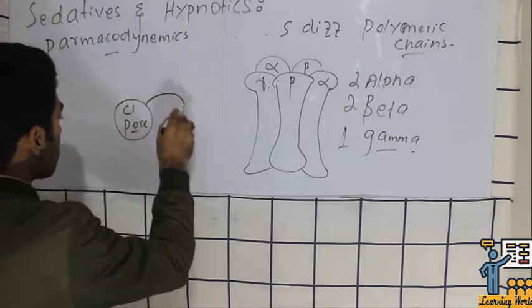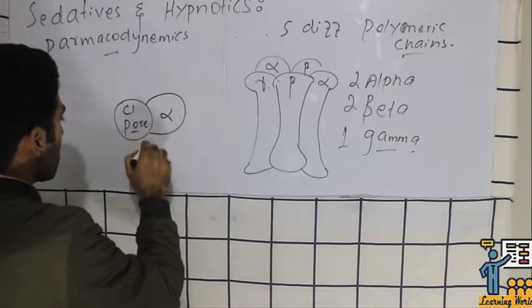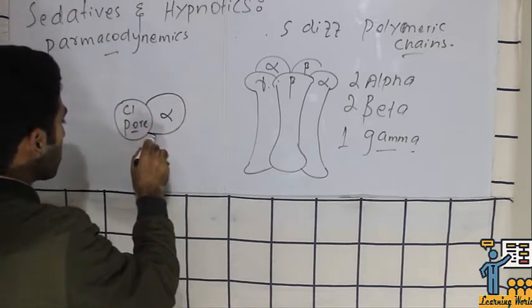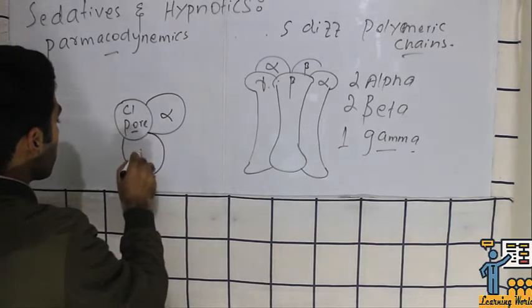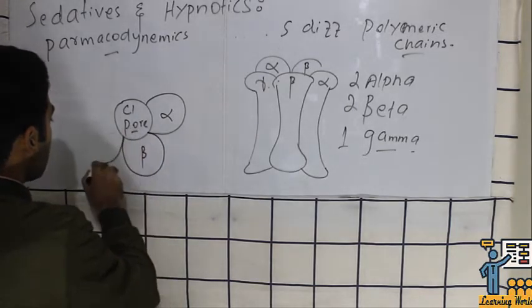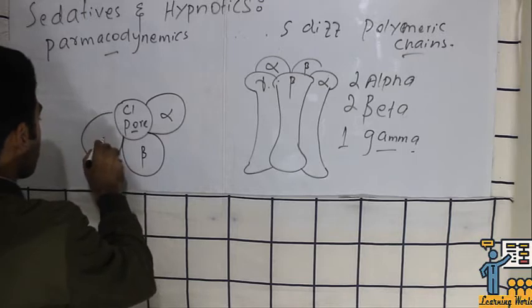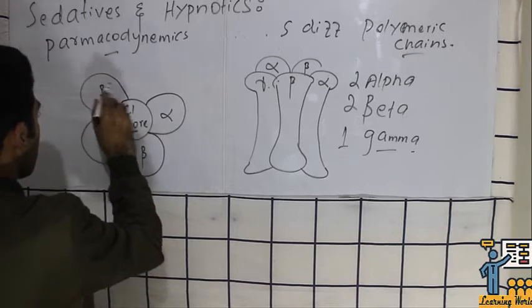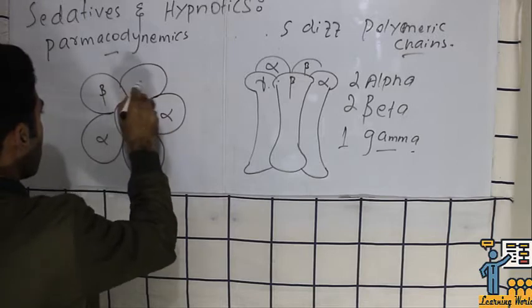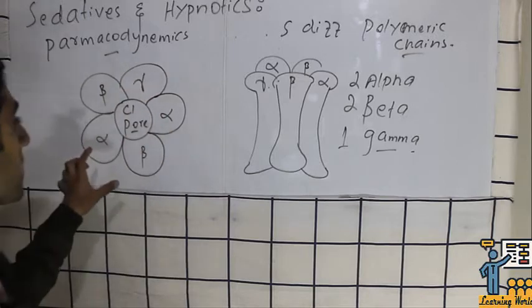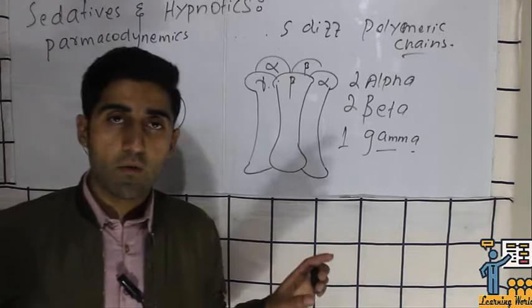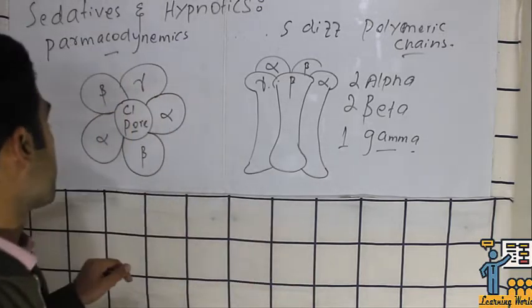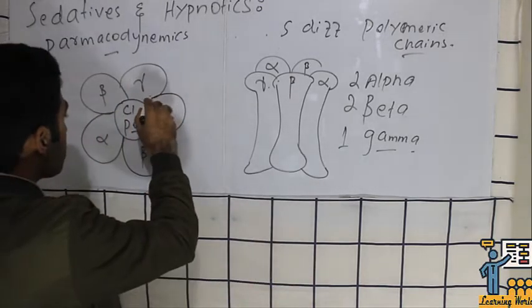Here the alpha, this is beta, this is alpha, and this is beta, this is gamma. These five are the polymeric chains of the GABA receptor.